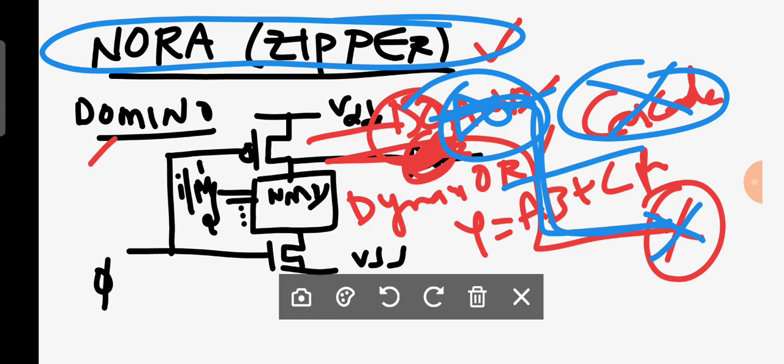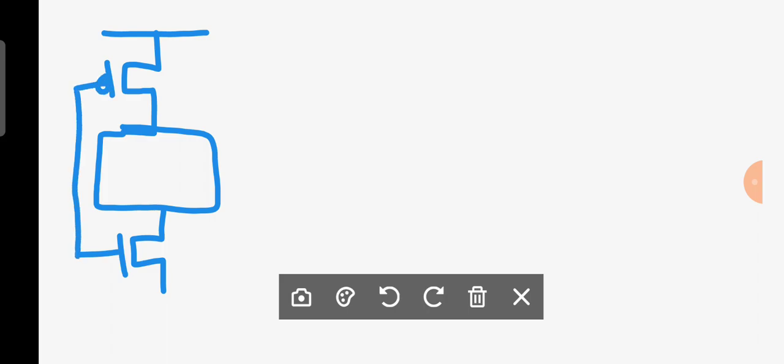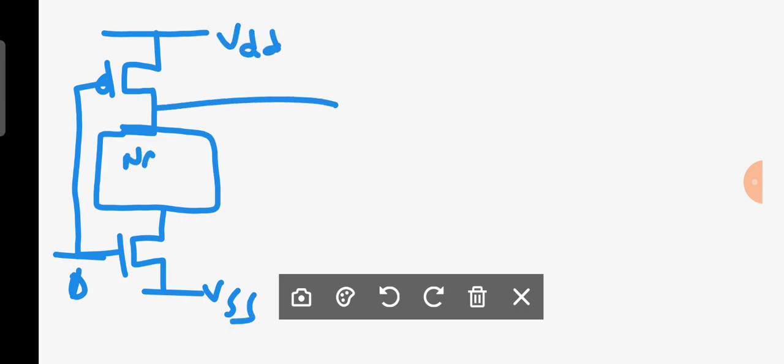Now you can observe here how the NORA logic works. Let us consider this is your dynamic logic. Then you are having a clock here. Then it is VSS and VDD, and this is the output of it. And let us consider it is an NMOS network. Now you are having inputs here.